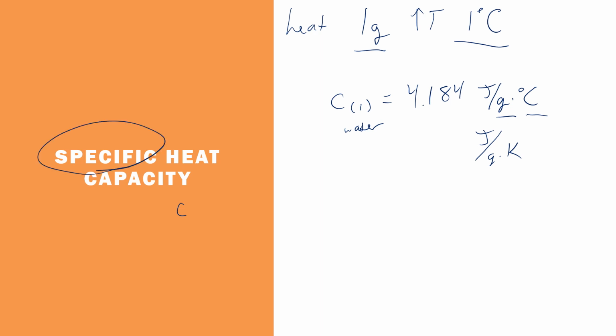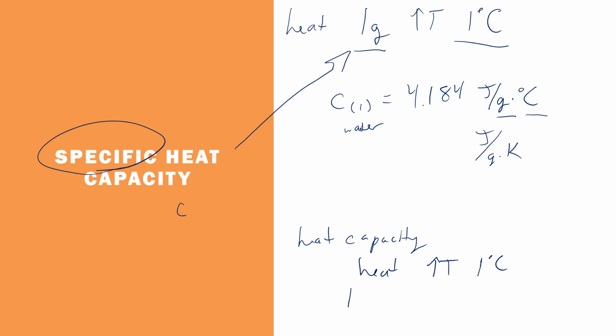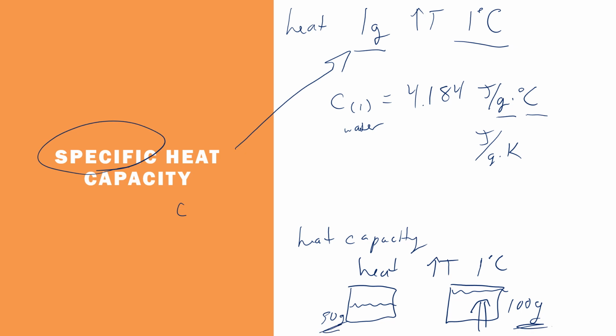Now we say specific heat capacity, but we also have just something called heat capacity. Heat capacity is just the heat it takes to change the temperature by 1 degree Celsius. It is not specific for the amount. So specific heat capacity is mass dependent. Heat capacity is not. If you have a beaker with 50 grams of water versus a beaker of 100 grams of water, it's going to take more heat to change the temperature of 100 grams of water than it will take to change the temperature of 50 grams of water.